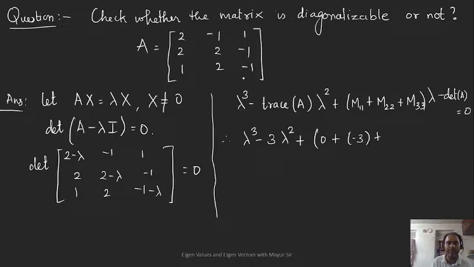M33, when you calculate, you delete the third row and the third column, so you have 4 and minus 2, minus 2 and 4, and minus of minus 2, so you get 6 over here, lambda.